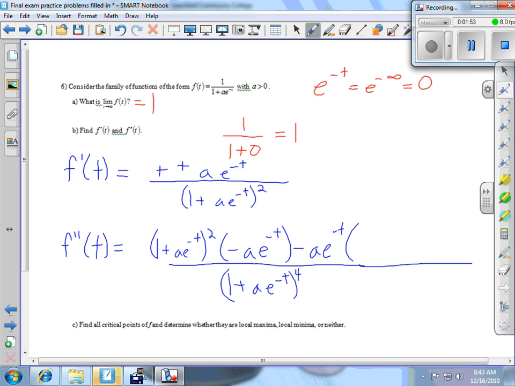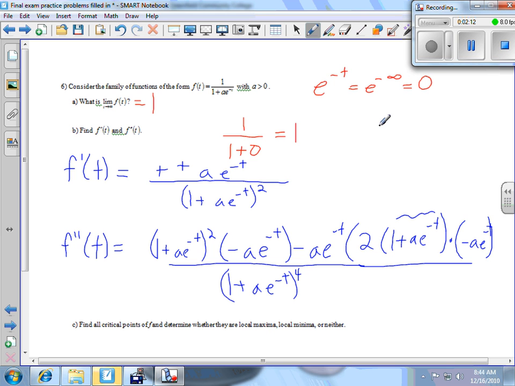This is going to be a chain rule here. 2 comes down, copy the stuff, subtract 1 from the power, then times the derivative of the stuff in the parentheses here. And the derivative of that stuff is, again, negative ae to the minus t. All right, this answer would be fine. It is fine for part B.